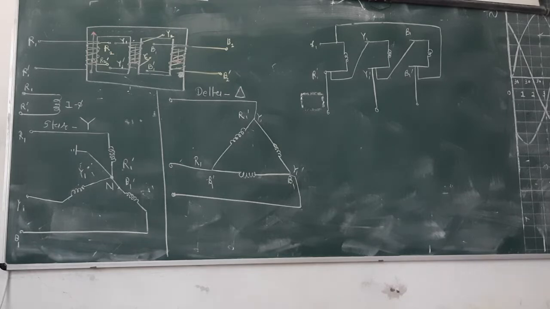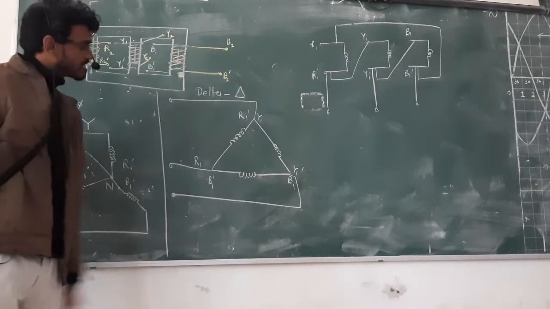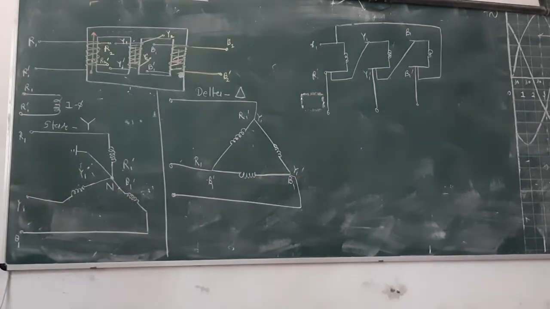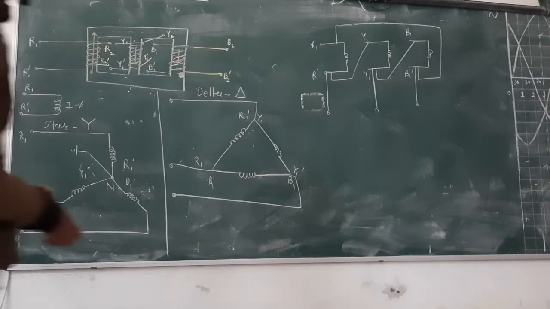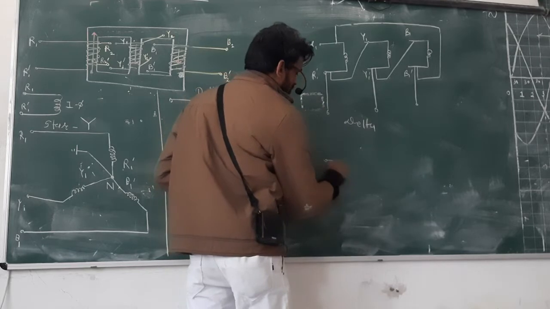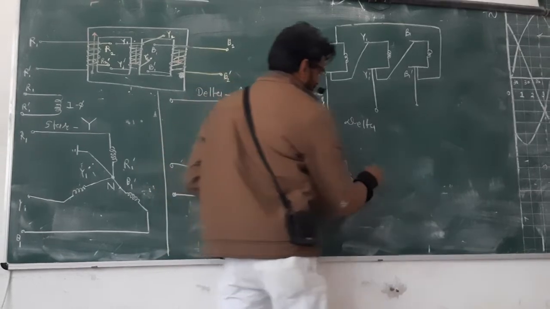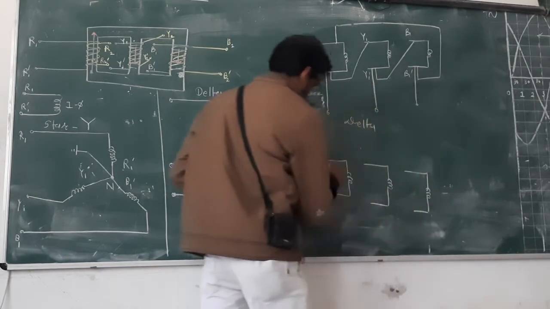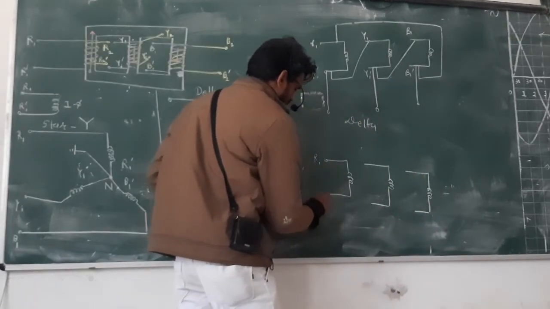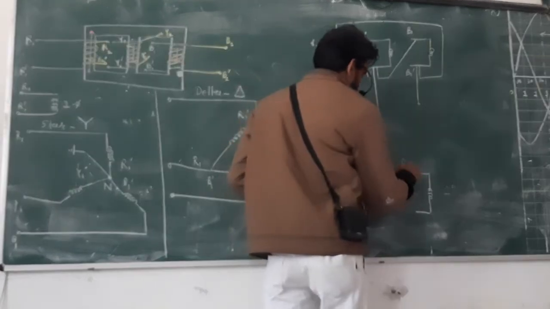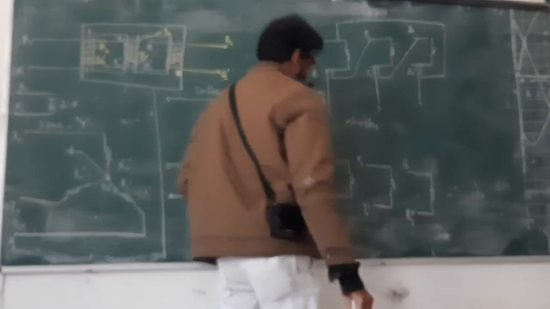When you give the supply here, then things get a little bit different. Now what is the difference that we are going to discuss? It is called transformer connection. Okay. So this is for the delta. And I am going to draw another winding for the star so that you will have an idea. R1 dash, Y1 dash, B1 dash. Okay.